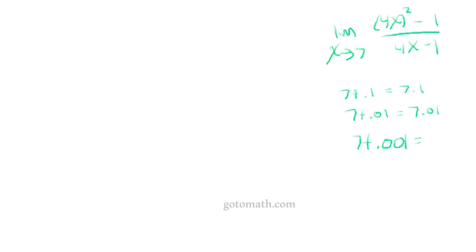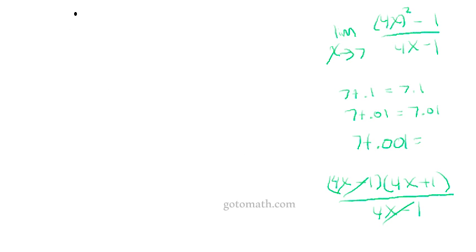Let me just kind of graph this. I'm going to factor the numerator, and this is going to be 4x minus 1 times 4x plus 1, and it's all over 4x minus 1. And if we were to cancel out the numerator and the denominator because we have like terms, we're left with 4x plus 1.